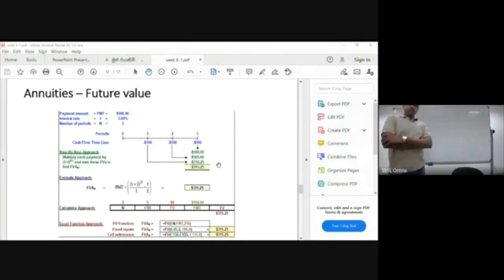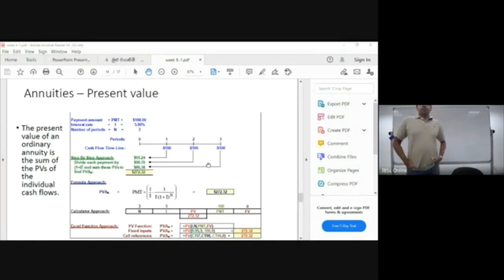Anyway, at a compound rate of 5%, receiving $315.25 in 3 years is the same as receiving $100 every year for the next 3 years, right? So receiving $315.25 at the end of 3 years is the same as receiving $100 every year over the next 3 years at a compound rate of 5%. Clear?